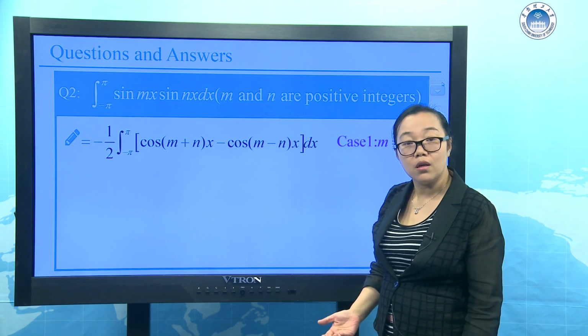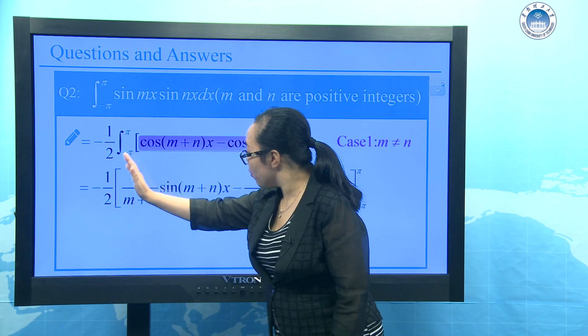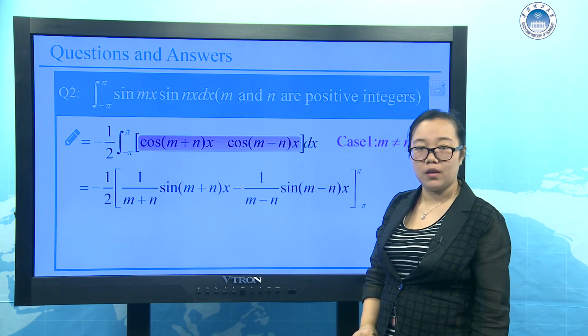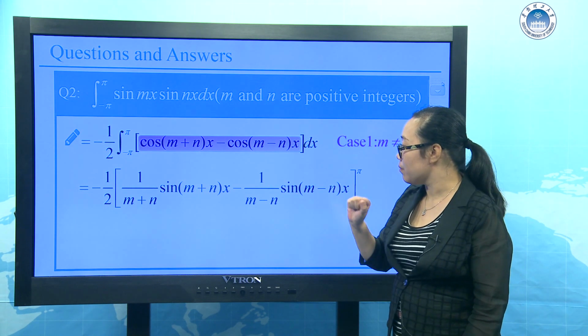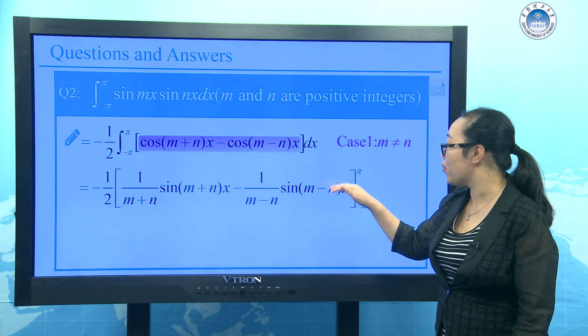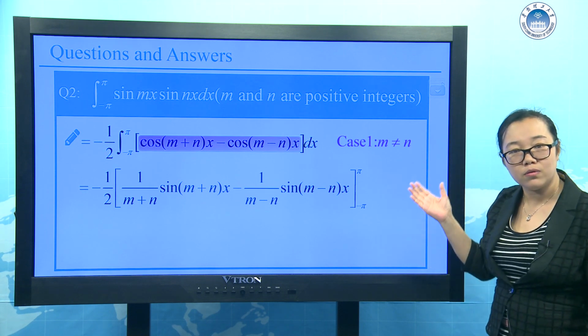We write this as minus half of cosine u dx with substitution, so the antiderivative is 1 over (m plus n) sin (m plus n)x, and in a similar way minus 1 over (m minus n) sin (m minus n)x, evaluated from minus pi to pi.